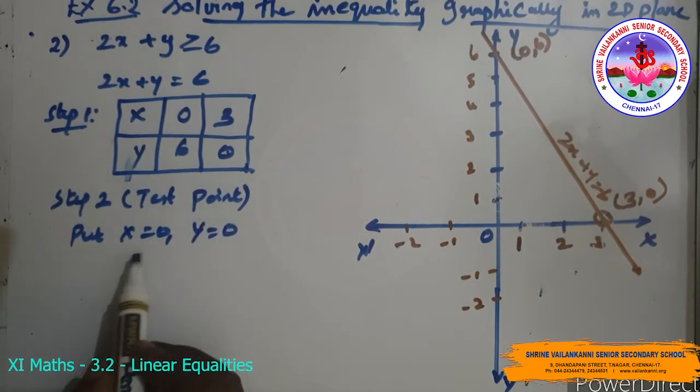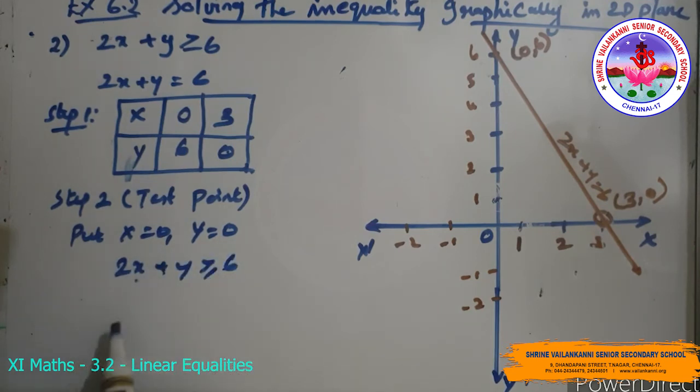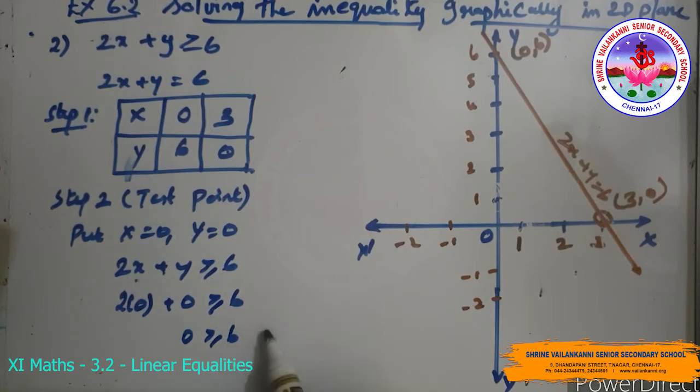We substitute this in the inequality 2x plus y greater than or equal to 6. So 2 into 0 plus 0 is greater than or equal to 6, that is 0 is greater than or equal to 6. Is it true? No. 0 is not greater than or equal to 6, which is false.